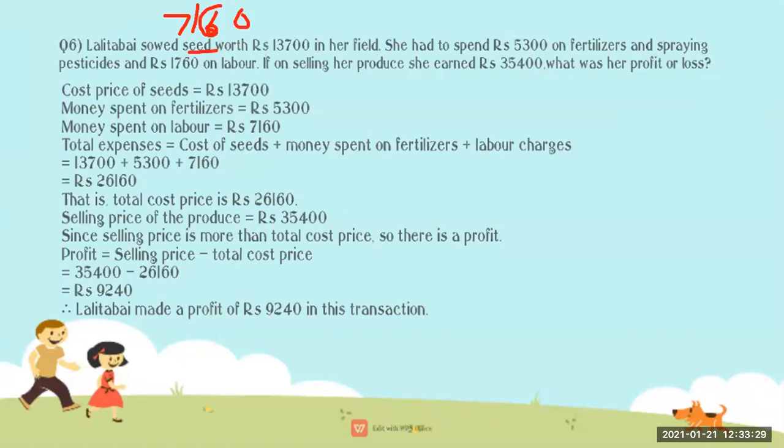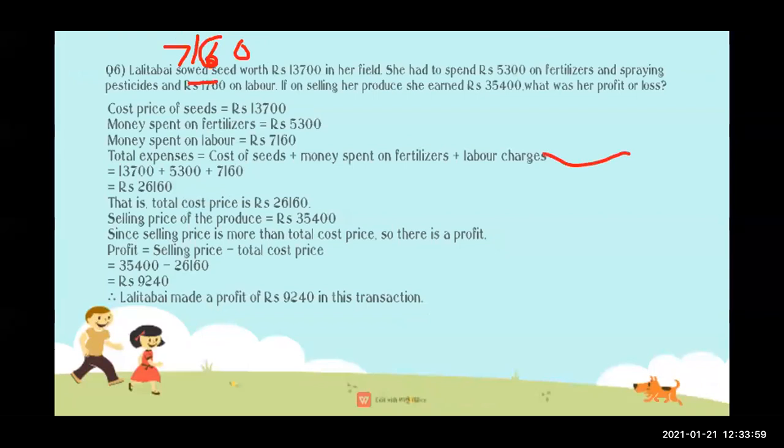Here the cost of seed is rupees 13,700. Money spent on fertilizer is rupees 5,300 and money spent on labor is rupees 7,160. In the question it is written 1,760 but it is 7,160. So the total expenses is cost of seeds plus money spent on fertilizer plus labor charges.